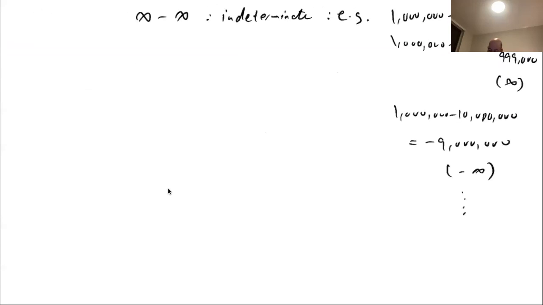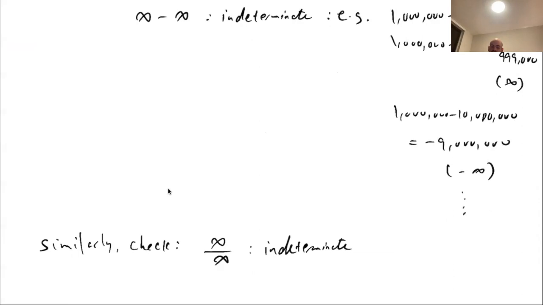Similarly, you can check that infinity over infinity is also indeterminate. Again, 1 million over 1 million is 1, but 1 million over 10, for example, is 100,000. So again, it depends how large the first number is compared to the number in the denominator.